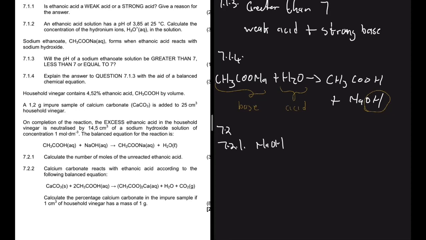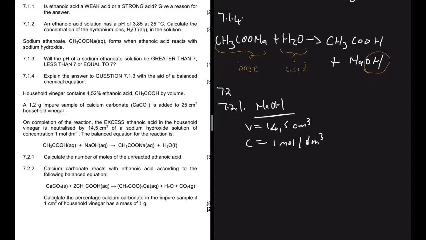This NaOH neutralizes the ethanoic acid. But then we are told that the volume that does the neutralization is 14.5 centimeter cube, and then the concentration was 1 mole per decimeter cube, right?